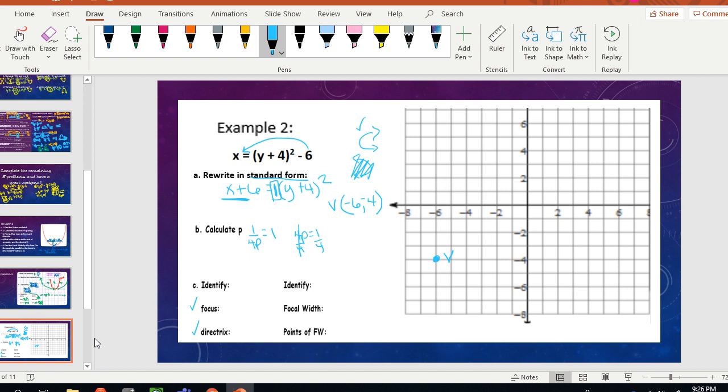Well, first of all, what I need is I need to put my focus in there. And my focus means that I am going to add 1/4 to this value over to the right. So technically, there's my focus right there. It's so close. And on the opposite side of this, I would need this line that's really close, and this is the directrix.